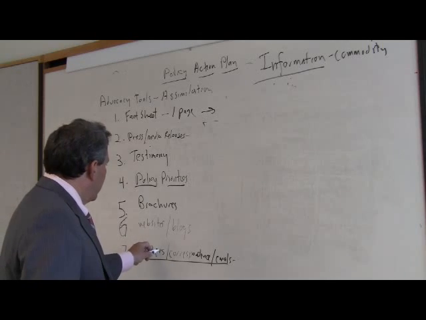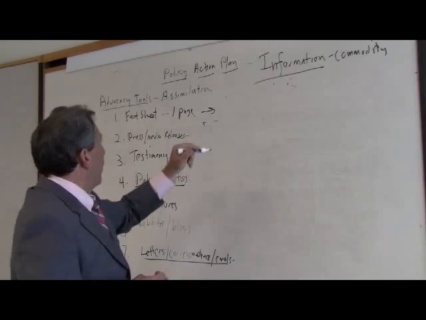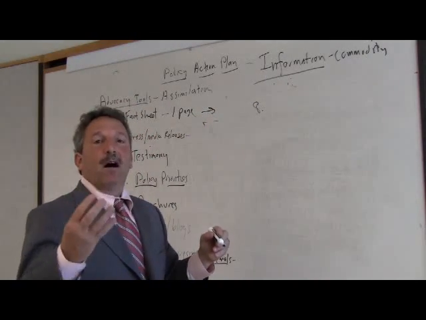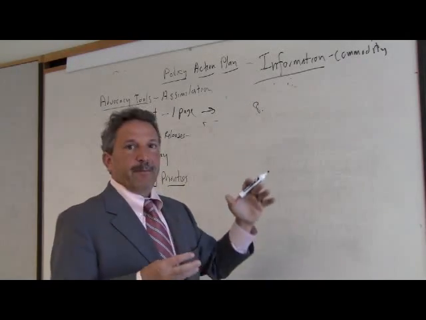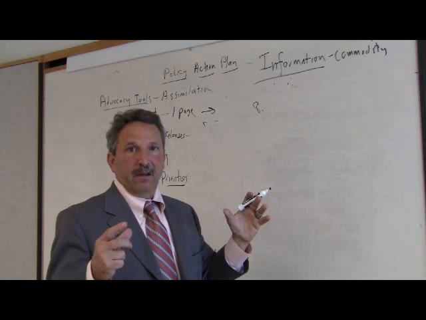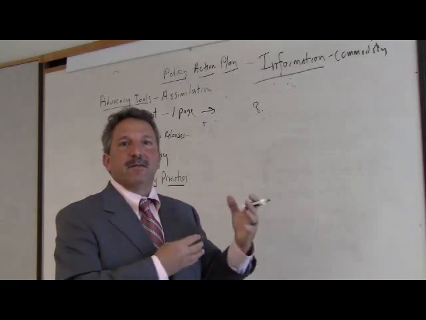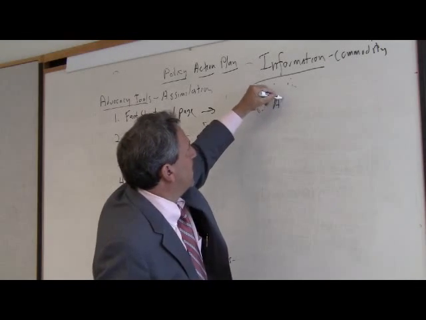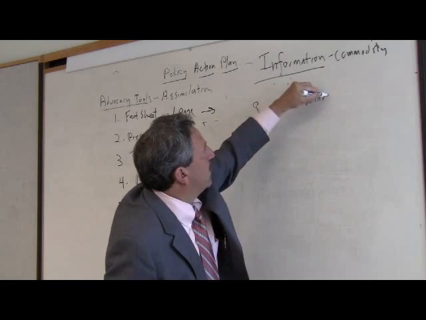So we have lots of different tools, advocacy tools. We also have, going back to our messaging and marketing, all of those tools that we talked about in that module. The bumper stickers, the pins, the ribbons, all of these different things that we use as kind of attention getters.